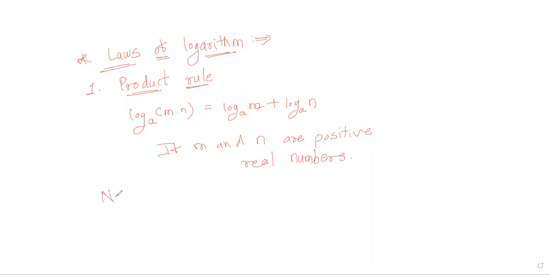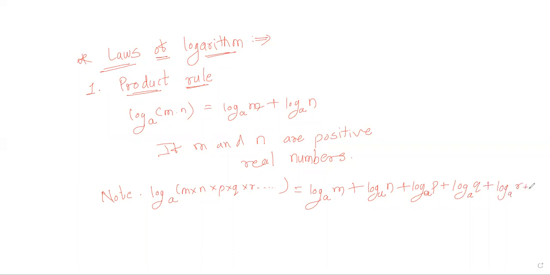Now write down a note here. The note is log of m into n into p into q into r, and so on, to the base a is equal to log of m to the base a plus log of n to the base a plus log of p to the base a plus log of q to the base a plus log of r to the base a, like this.